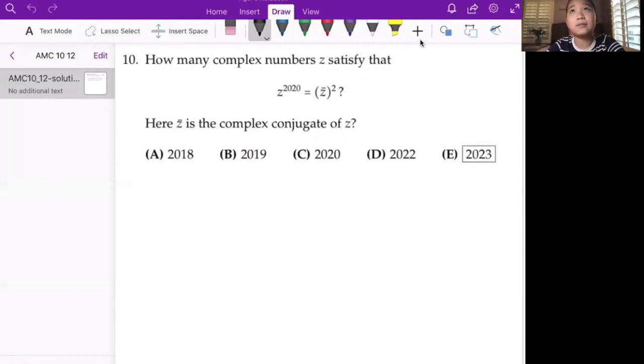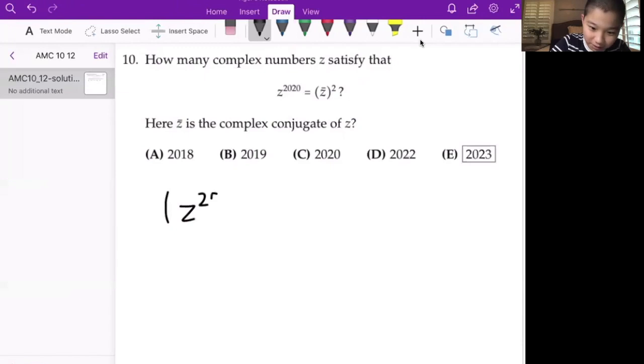Let's think about what we can do to simplify it so that we don't have to go through all those cases. There are a lot of complex numbers. So how about something like we take the conjugate of both sides? No, even better, we take the magnitude of both sides.